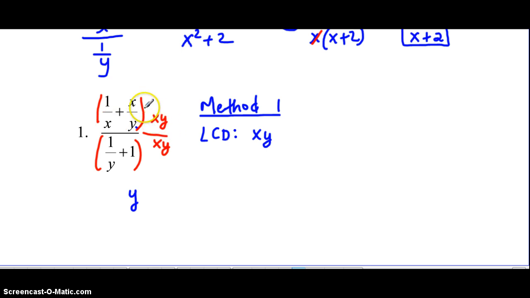And then x times y times x over y would simplify to x squared. And then the denominator, x times y times 1 over y, these y's would cancel and be left with x times 1. And then x times y times 1 would be xy.